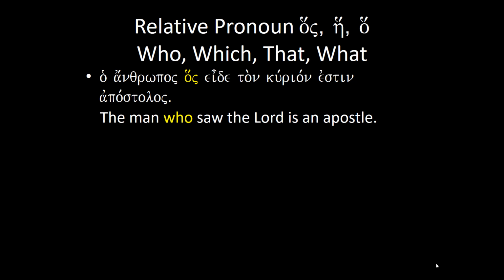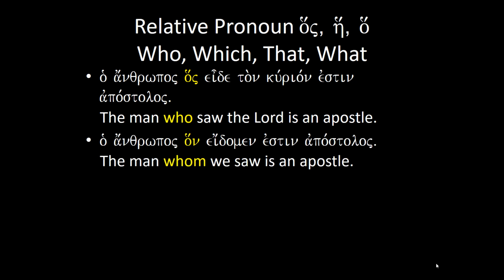The man who saw the Lord is an apostle. So here it's introducing this relative clause, who saw the Lord. So within that clause, it's the subject of that verb eiden. So that's why it's nominative. The man is an apostle. What man? The man who saw the Lord.